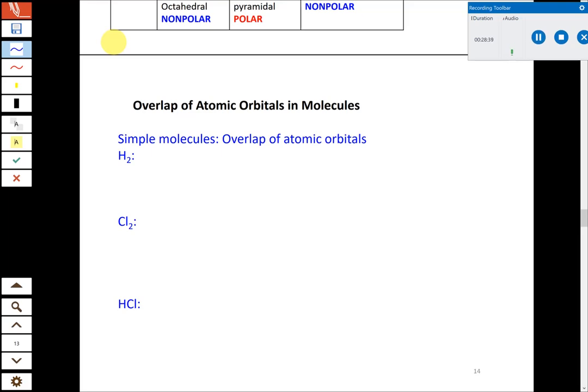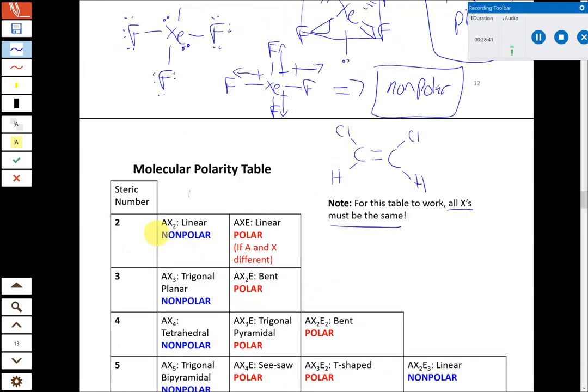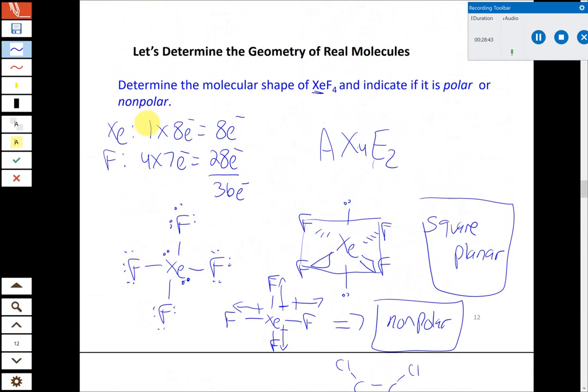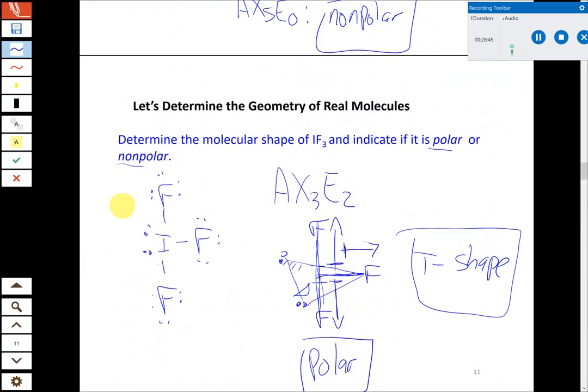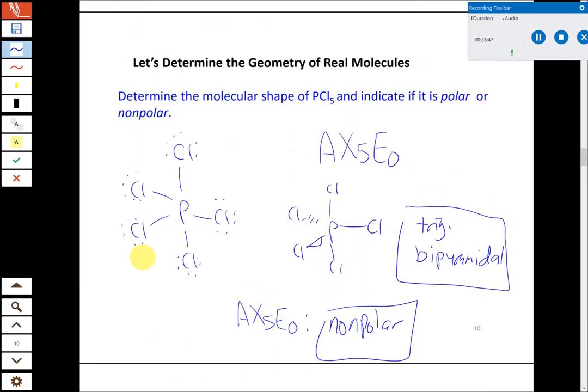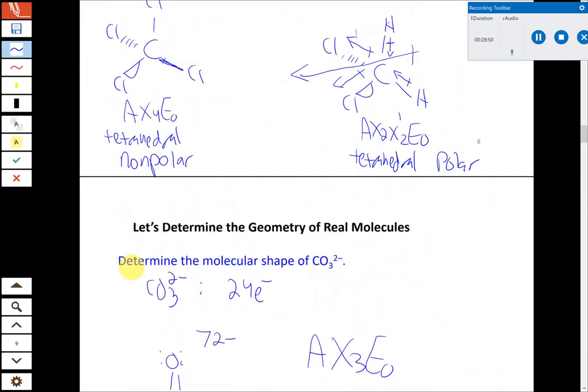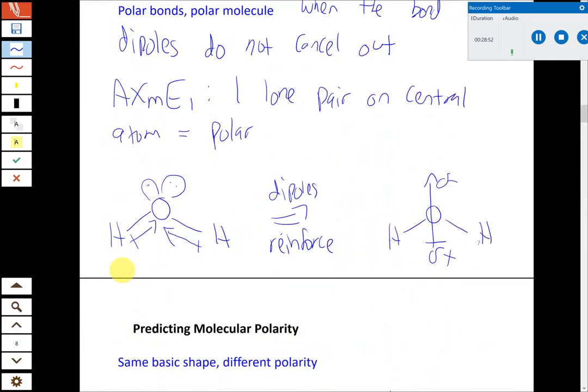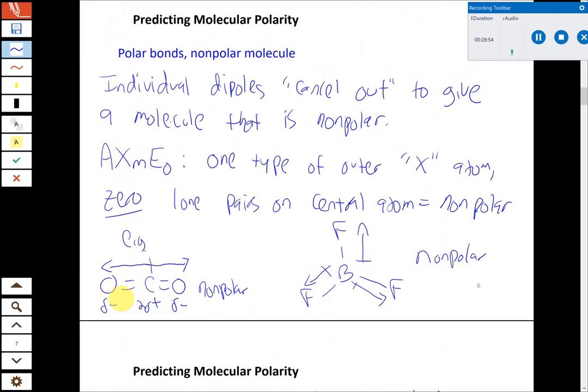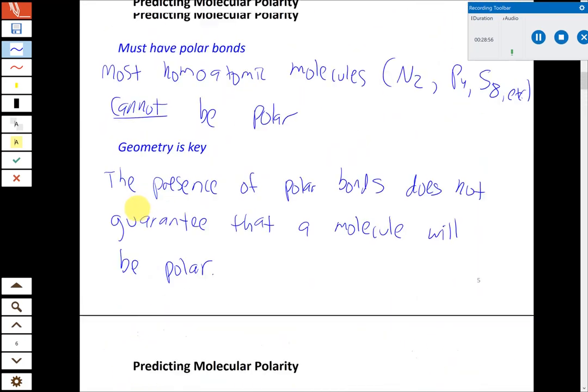Could you go back a few slides? I think it was when we were talking about the molecular polarity right after the review of photons. Here?